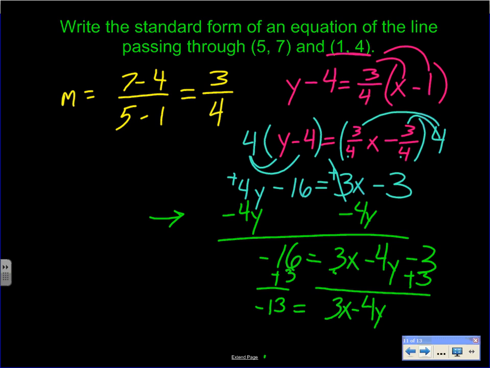You'll get there. The only thing is, if you want to write this 3x minus 4y equals negative 13, that's probably best. And so it helps a little bit to pay attention to A was positive here, so let's keep it positive by subtracting 4y from both sides.